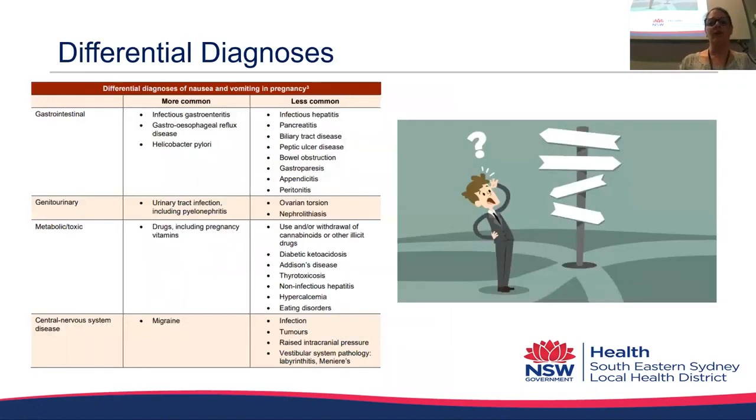The differential diagnosis for NVP is varied and includes any disorder that can cause these symptoms, which of course can make it challenging. Symptoms such as abdominal pain, fever, headache, and neck stiffness are not features of NVP or HG and suggest an alternative diagnosis. In addition, the vomit of nausea and vomiting of pregnancy is usually non-bilious and non-bloody, although hematemesis may occur in the context of Mallory-Weiss tears.